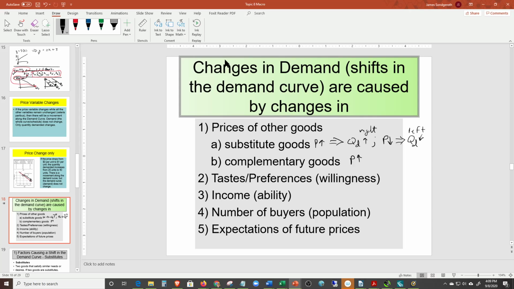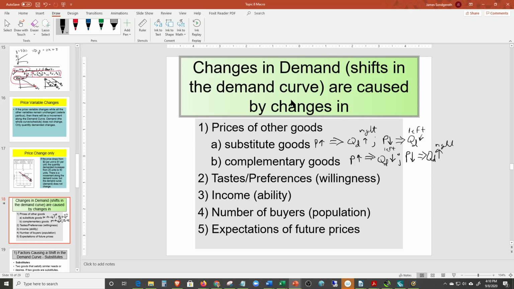So if the price goes up, then what's going to happen to the quantity demanded of the complement is it's going to go down, and vice versa. If the price of the complement goes down, it should have a positive impact on the quantity demanded of the good. So this would cause a leftward shift in the demand curve, and this would cause a rightward shift.